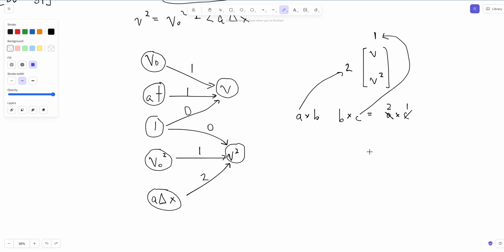So let's just make a guess right now and say that our B by C matrix is actually just this big vector. So V naught, AT, 1, V naught squared, and A delta X. So this is our vector.